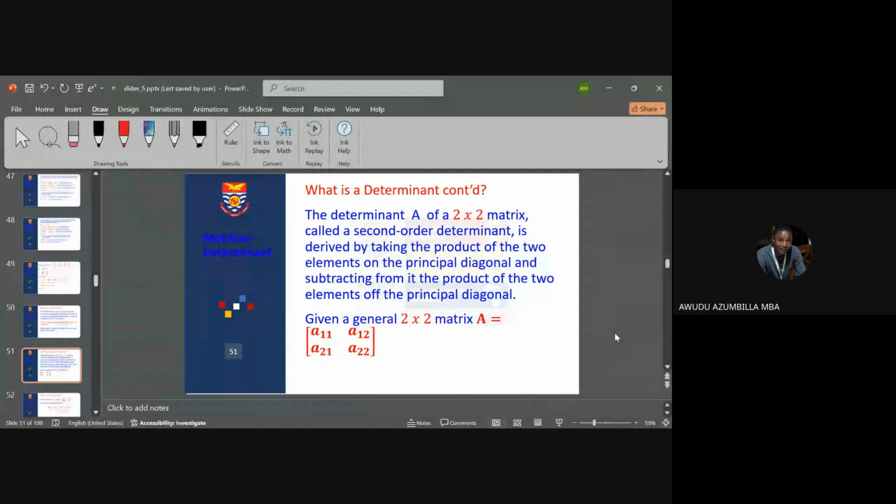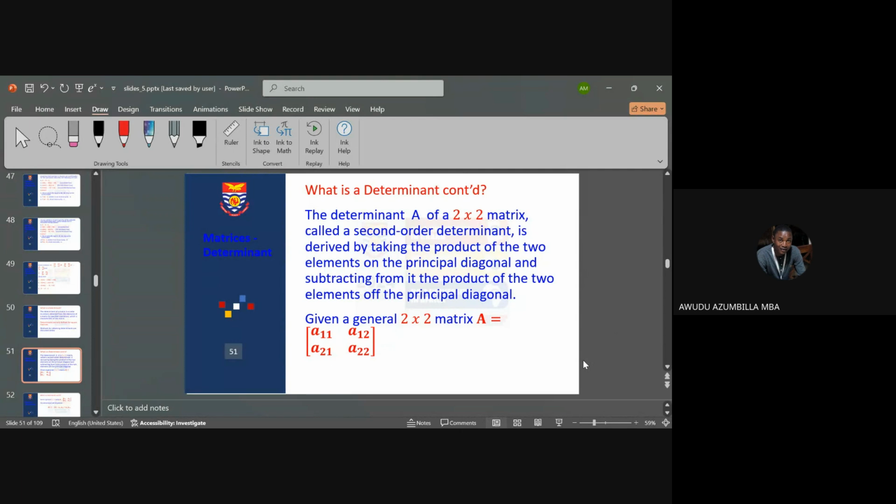When we have a 2 by 2 matrix, it is called a second order determinant, and it is derived by taking the product of the elements on the principal diagonal and subtracting from it the product of the off diagonal. So for 2 by 2 matrices, the determinant is very simple.